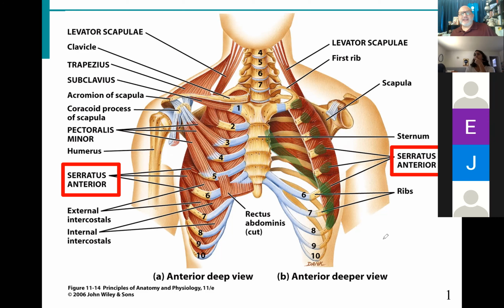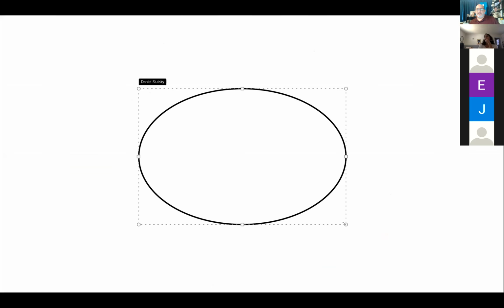But where I think we can actually see this a little bit better is if we actually draw it for ourselves. So here, for instance, if we were to look at a transverse view, there's your rib cage. Here, of course, is your vertebrae, and let's give it a spinous process because that's fun.